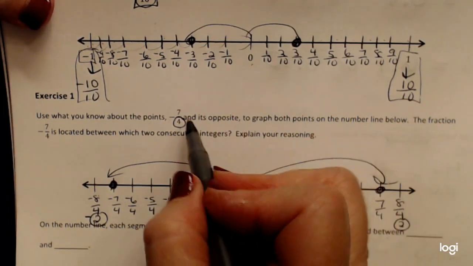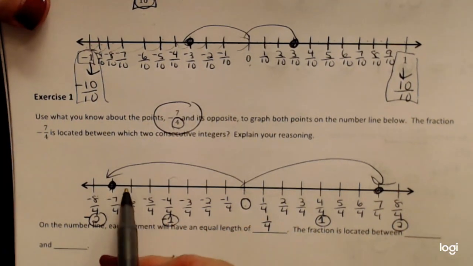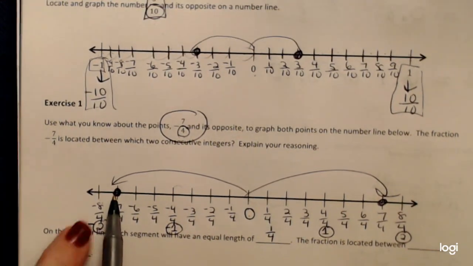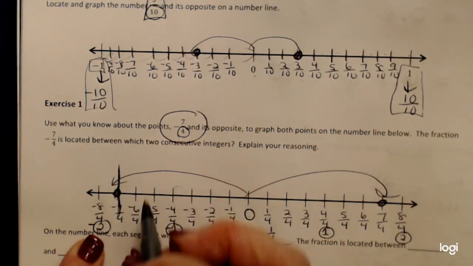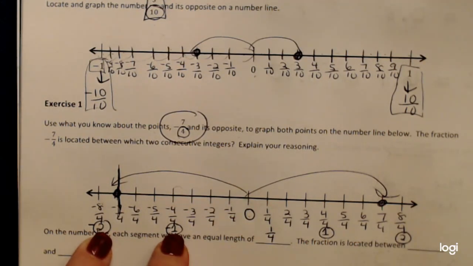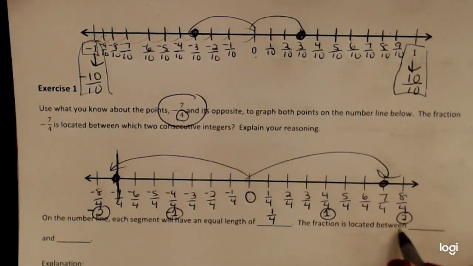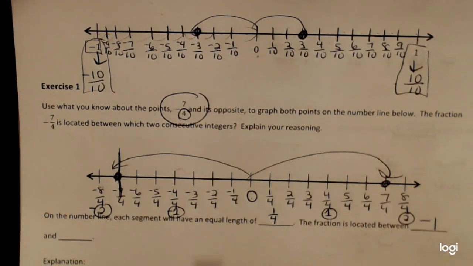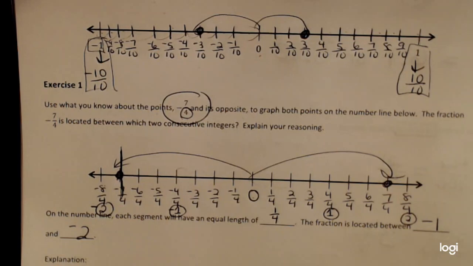But remember, the original problem was -7/4. -7/4 is over here. And if you notice where the dot is, it is between the integers -1 and -2. So we're going to write down here in our book, located between -1 and -2. Okay?